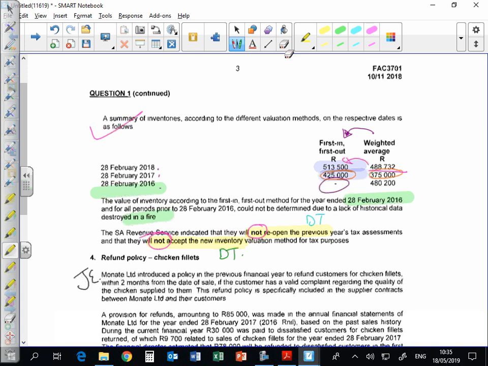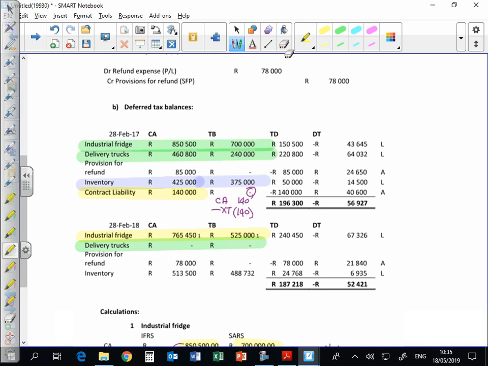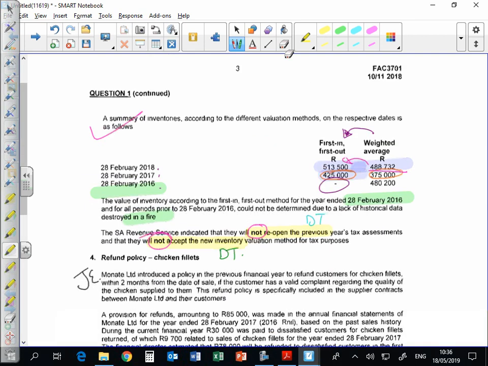Tax base 488,732. There's our inventory over there. Right, so we've done that inventory calculation. Is everyone comfortable? I have not gone through whether it's an asset or liability. I'll do that at the end with you guys. I'm just putting in what I need now.